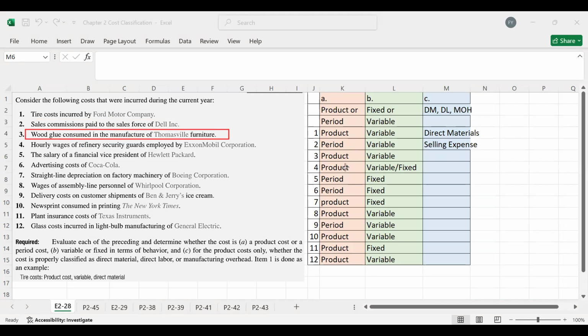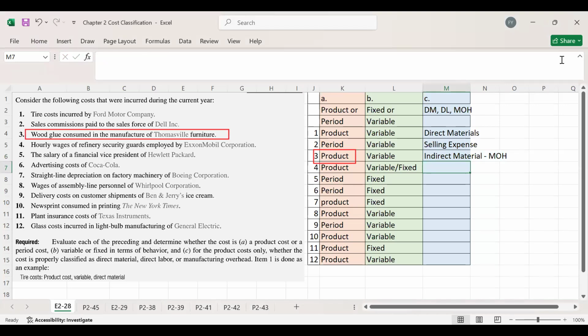So here, number three, it is a product cost because it is a part of the product, but we can classify it as indirect material because glue is not directly or conveniently traceable. So indirect material is a part of manufacturing overhead, so we can classify it as manufacturing overhead.